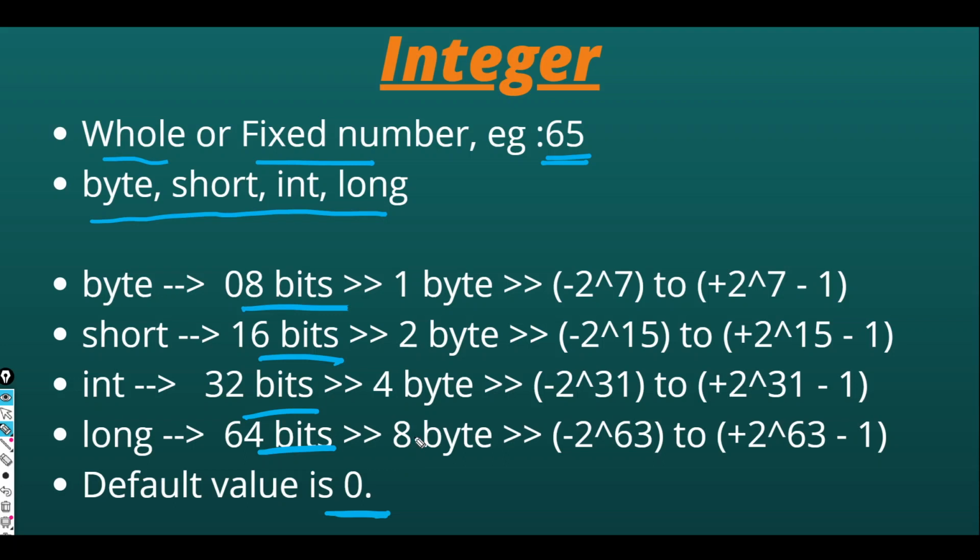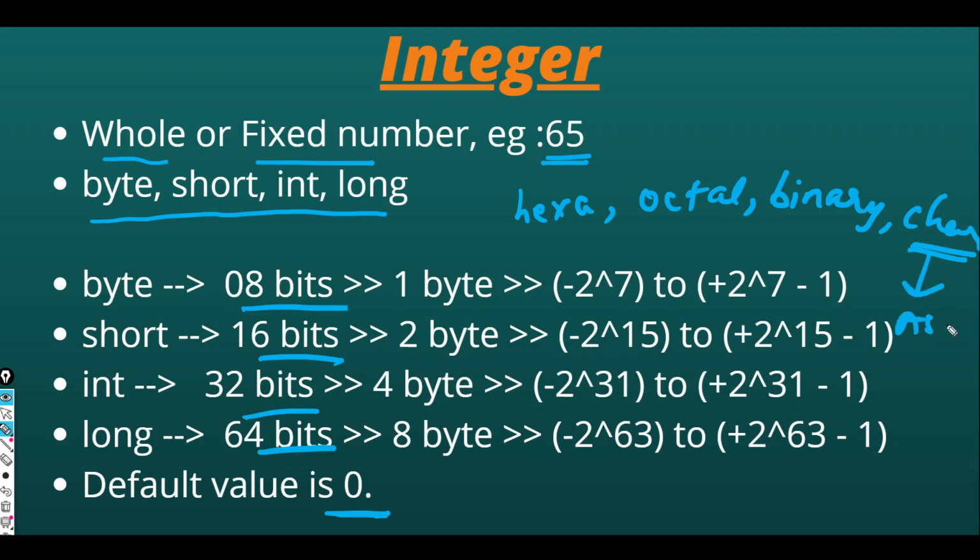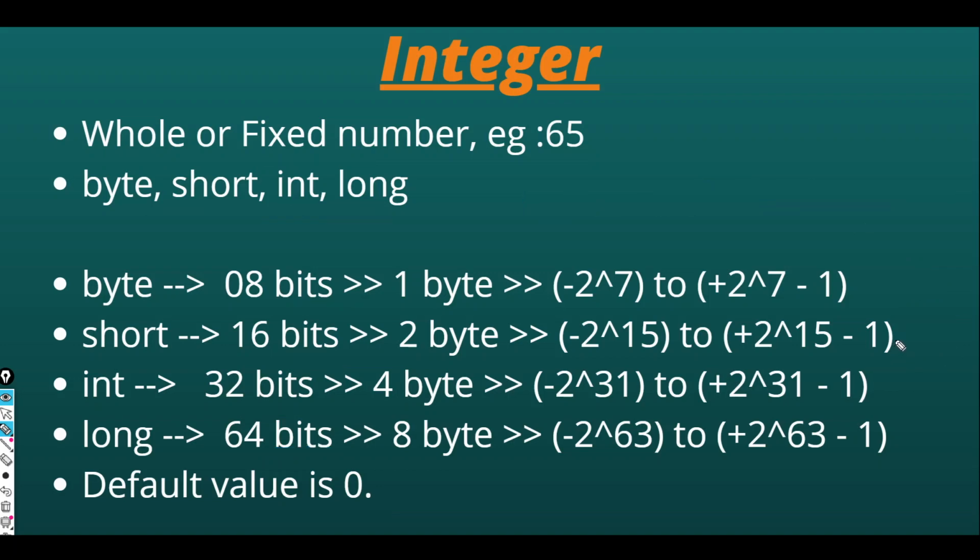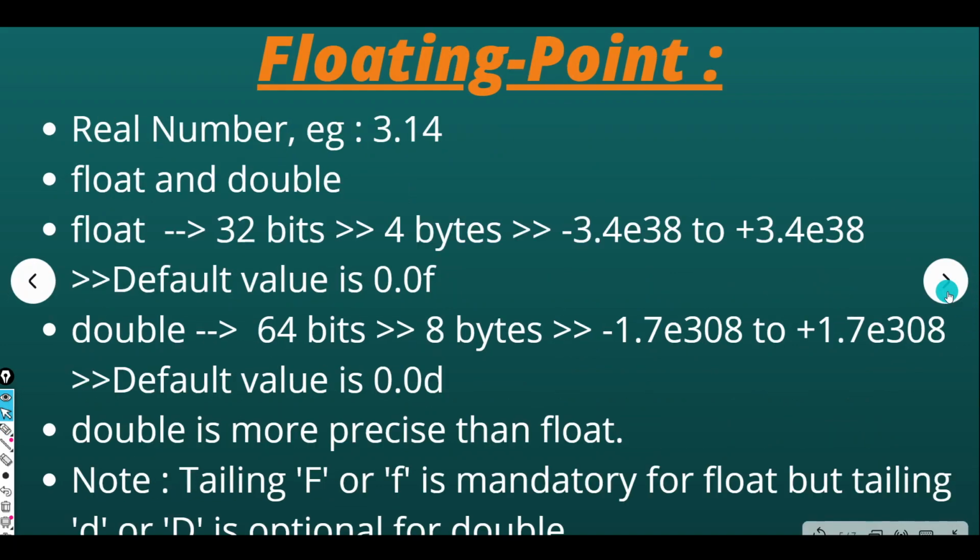We also said that we can use hexadecimal, octal, binary and character as well, and if we use a character, the output is the ASCII value. So, clear till now? In this section we'll be dealing with floating points.